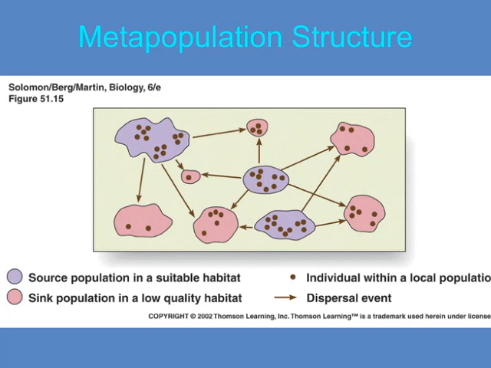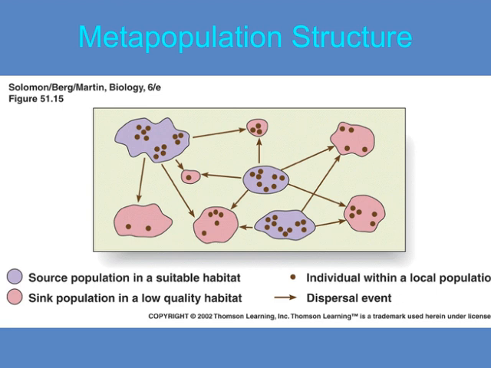Let's take a closer look at the concept of metapopulation structure. This idea is fundamental in understanding how populations are organized across different habitats or regions. Essentially, it refers to a group of spatially separated populations of the same species that interact through processes like migration and dispersal. The key point here is that these populations are connected, but they also function somewhat independently.